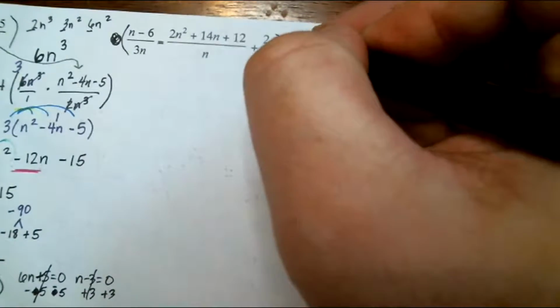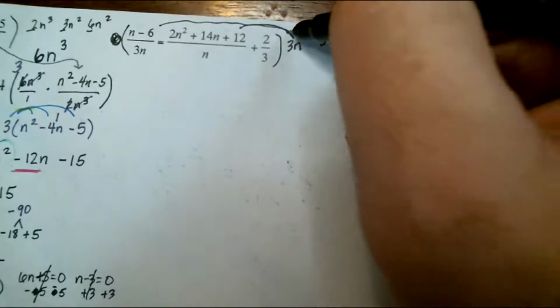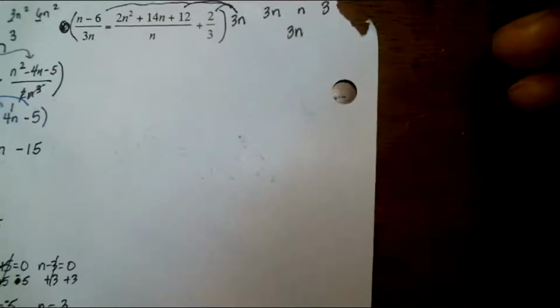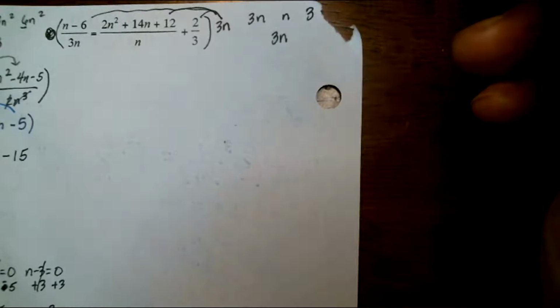So I'm going to multiply everything by 3n. I'm going to distribute it into everything. That would then lead me to this. Well, since what I'm multiplying by in the denominator, that would just be n minus 6.